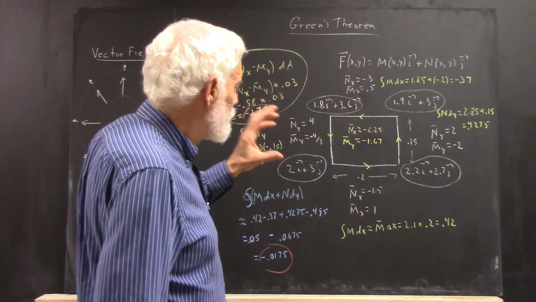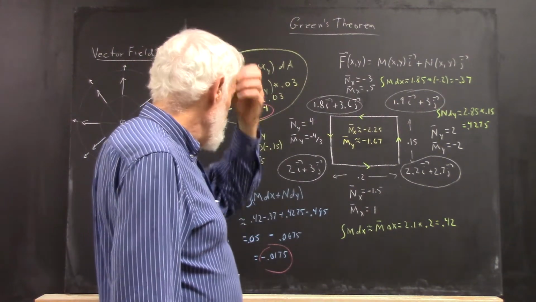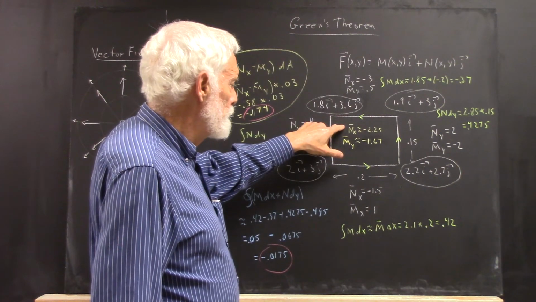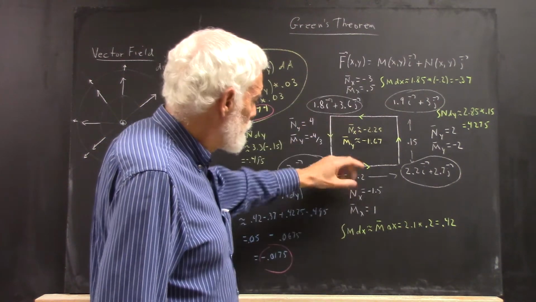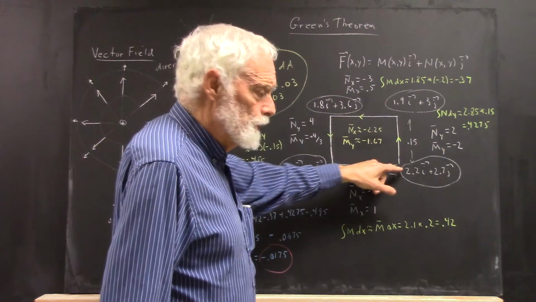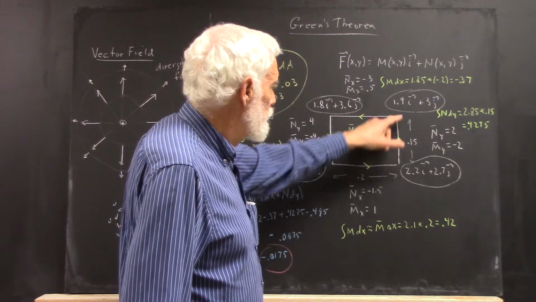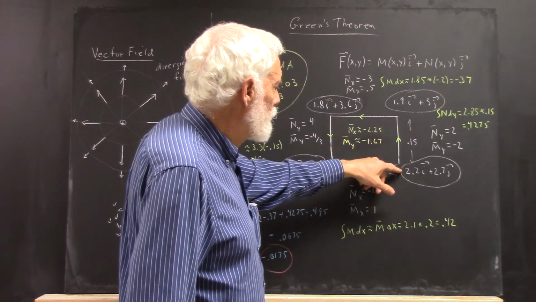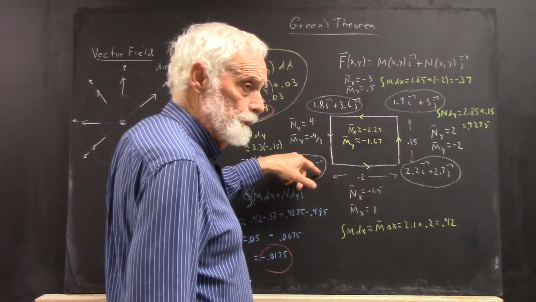So there's a clear connection between the average rate of change of m and the average rate of change of n, and the differences between the contributions of the lower edge and the upper edge, or between the right edge and the left edge.